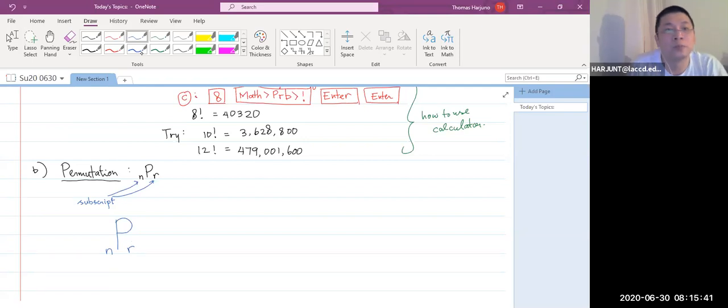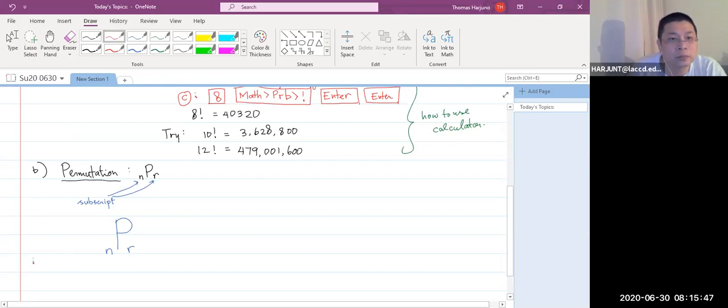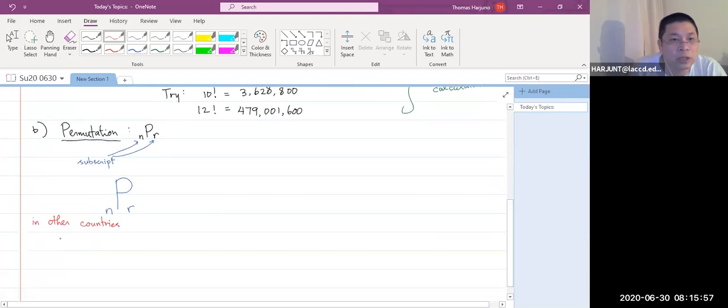Now, some notes. In other countries, they use this notation here, n and r, where the n is a superscript, like an exponent, and the r here is a subscript.